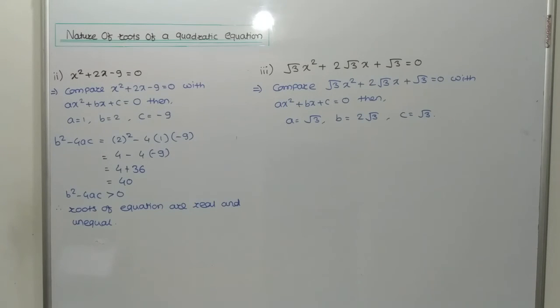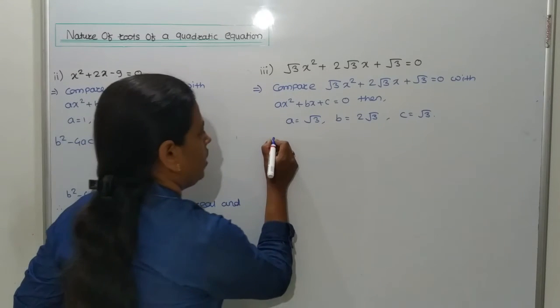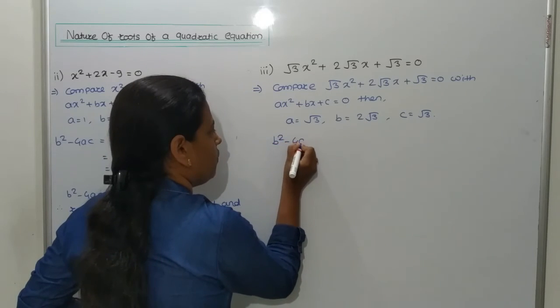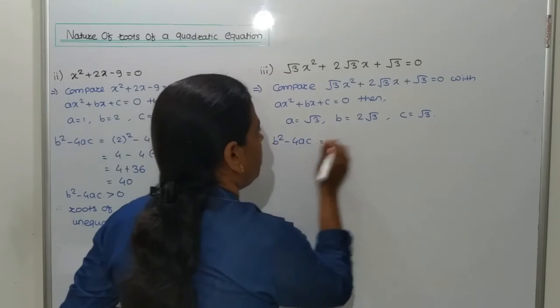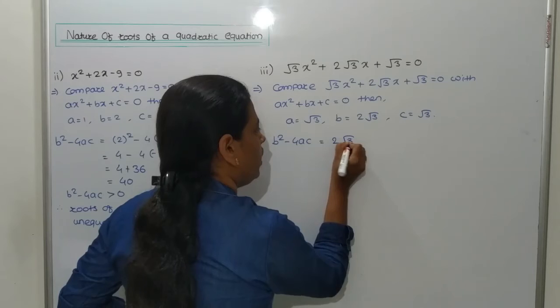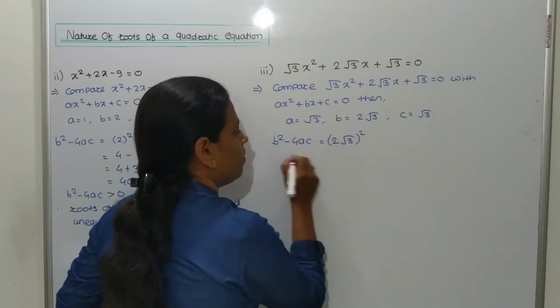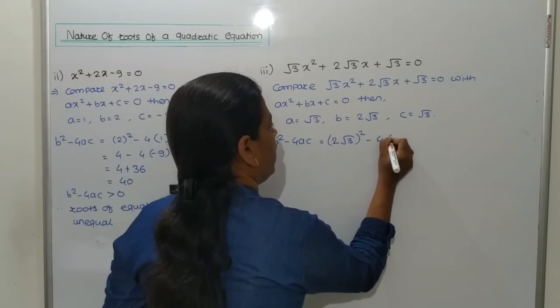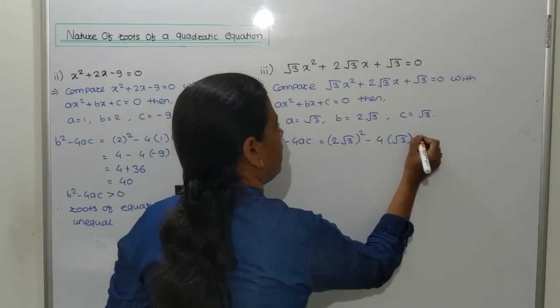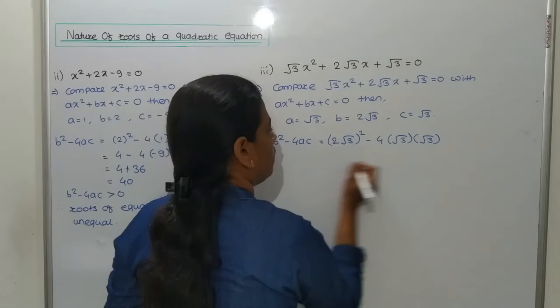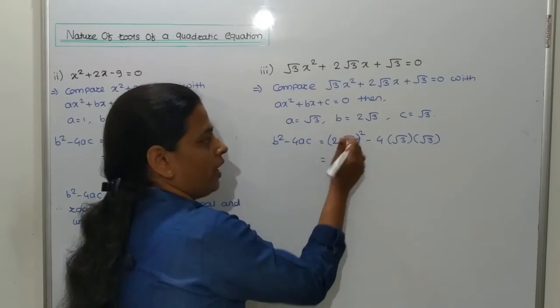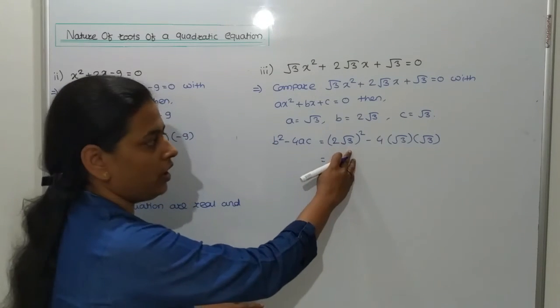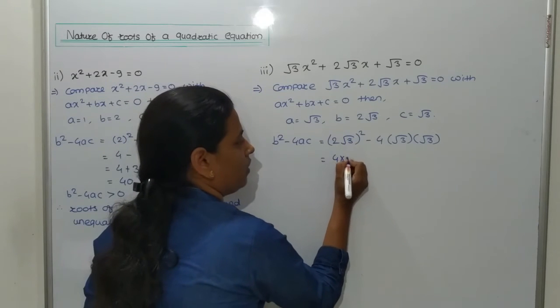Now calculate the value of b square minus 4ac. Put the value of b, that is 2 root 3 whole square, minus 4, a value is root 3, c value is root 3. Now 2 square is 4, square root of 3 and this square, that means 3.